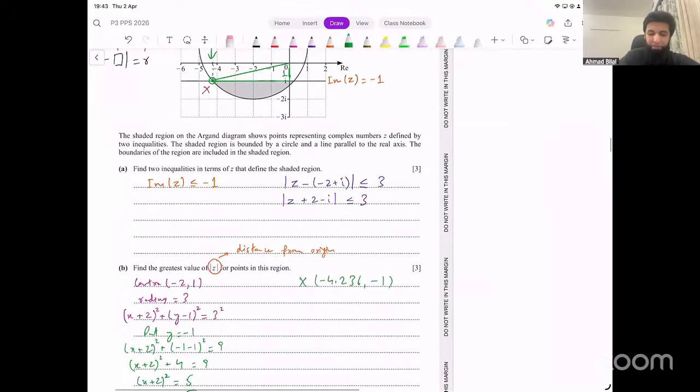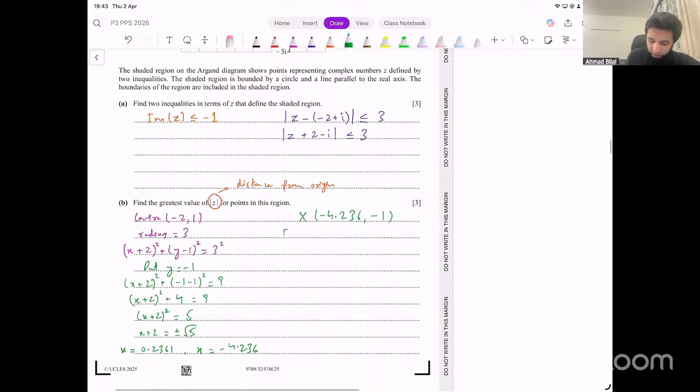All we have to do now is find the distance from the origin. Use the distance formula, distance OX. What does that turn out to be? Square root of negative 4.236 minus 0 whole squared plus -1 minus 0 whole squared, and then take square root of that, and that will give you something.